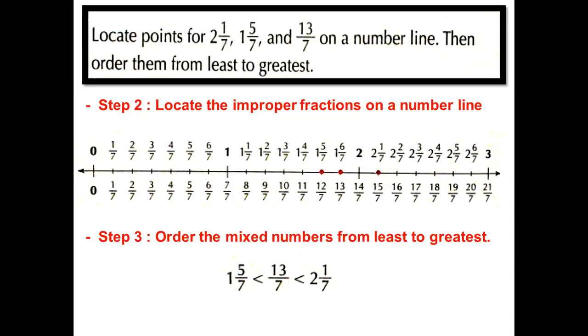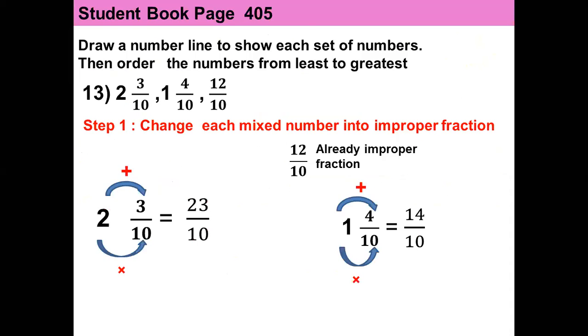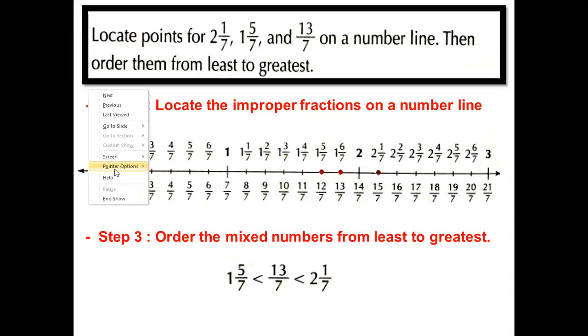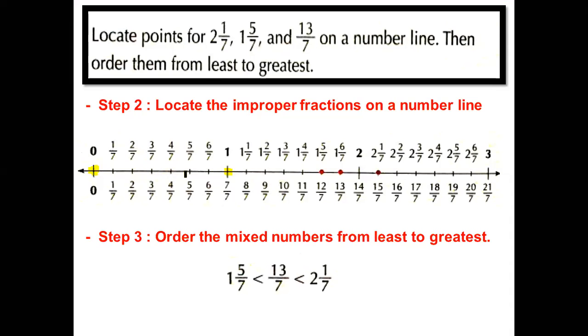From 1 to 2, 7 parts. From 2 to 3, 7 parts. Now, look there. This is 1, and this is 0. How many parts do we have between 0 and 1? There is 1, 2, 3, 4, 5, 6, and this is 7.